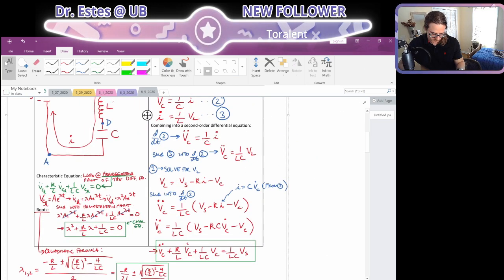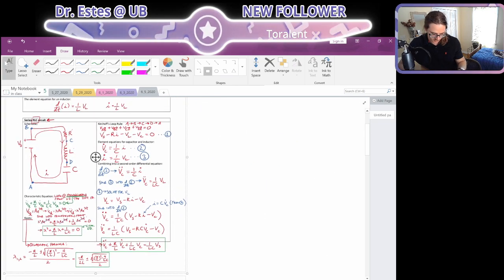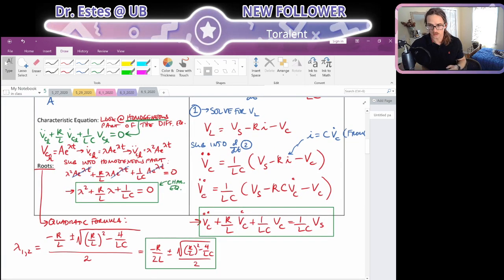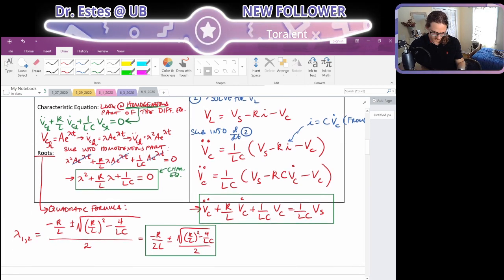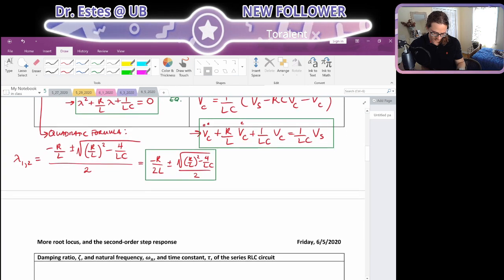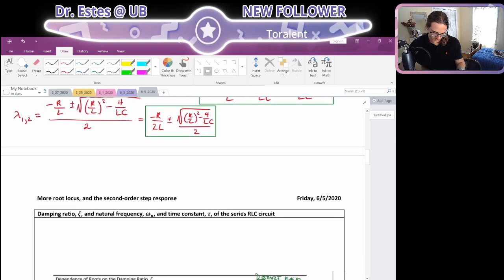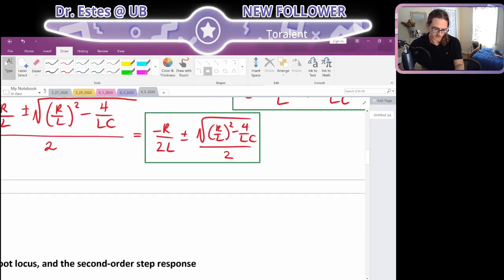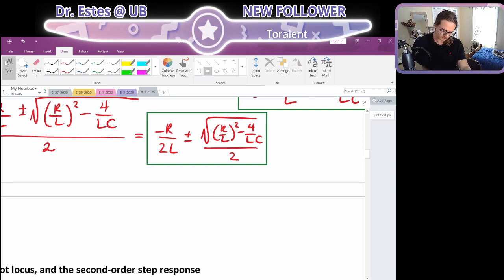Okay. So not too crazy, right? Just take it step by step. What I want to do, I want to look at this part of the root.